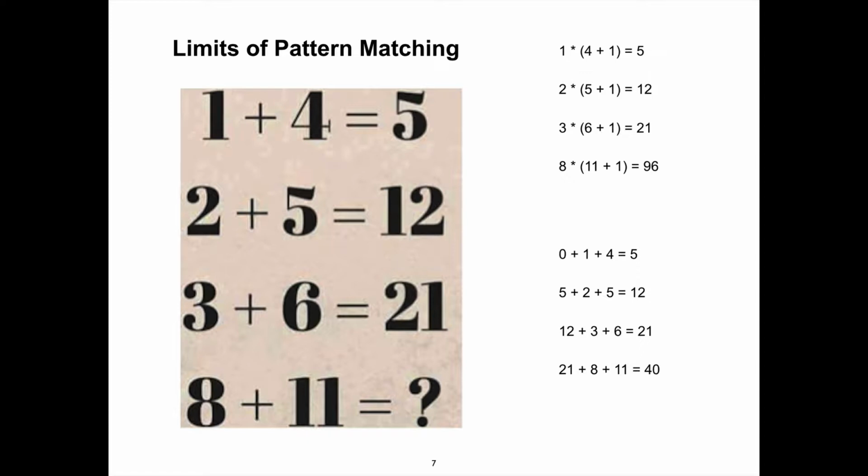Or it could be, I just get 5, and then I take the 5 and add it to this result, and I get 12, and I take the 12 and add to this one, I get 21, and then I take the 21 and add this, and I get 40.